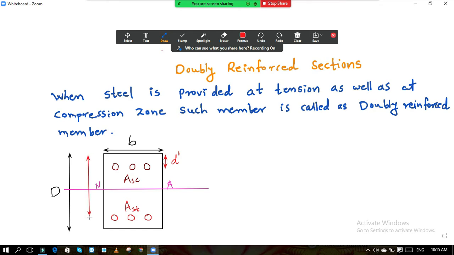From this point up to the center of this bar, this is your effective depth.